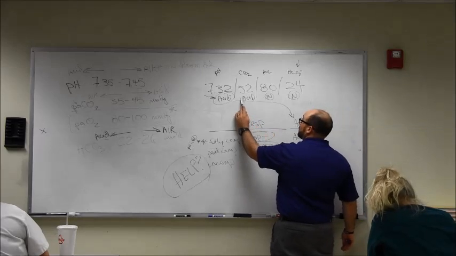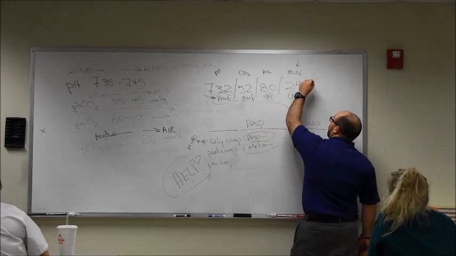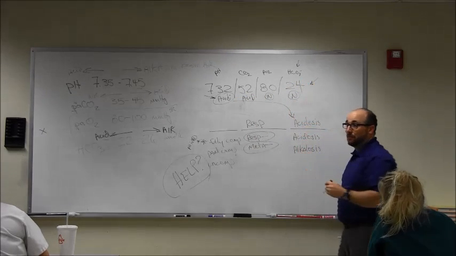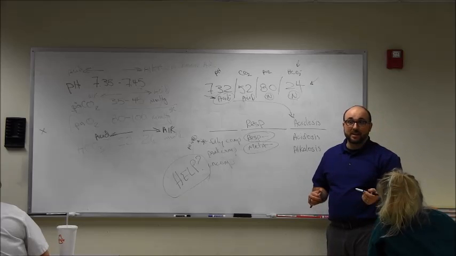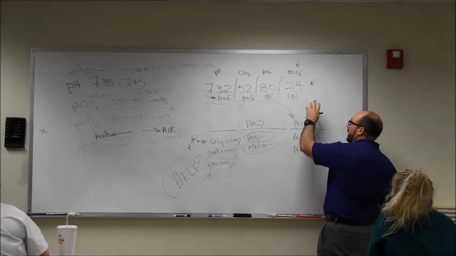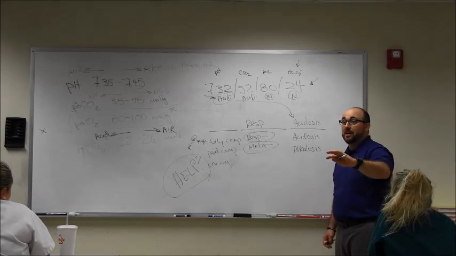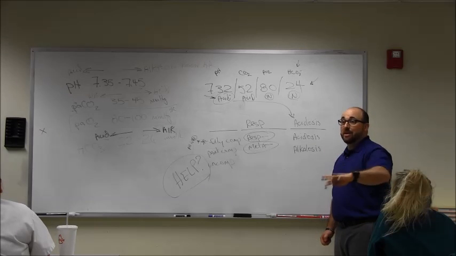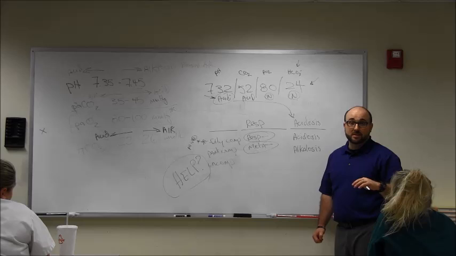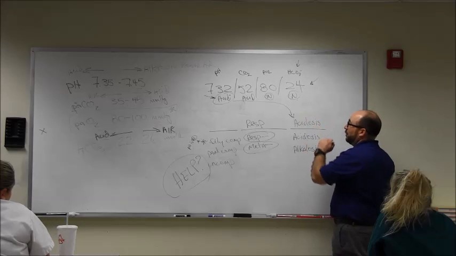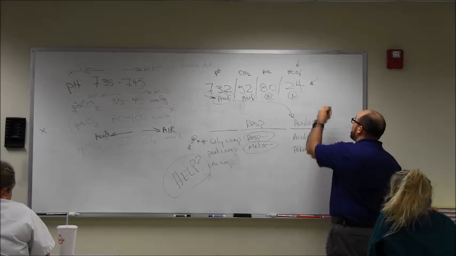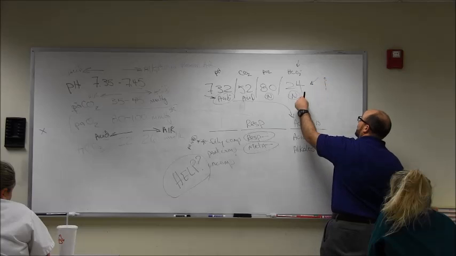Well, as your CO2 starts to rise, it tries to offset it with the bicarb. And in this case, bicarb, we'll talk about it in a little bit, but what it's going to do, it's going to get rid from your renal system, from your kidneys, it's going to get rid of more of your hydrogen ions, and then that's going to keep more bicarb around. And we'll talk about how that works. So then this thing will try to slowly creep up, but here's the deal.